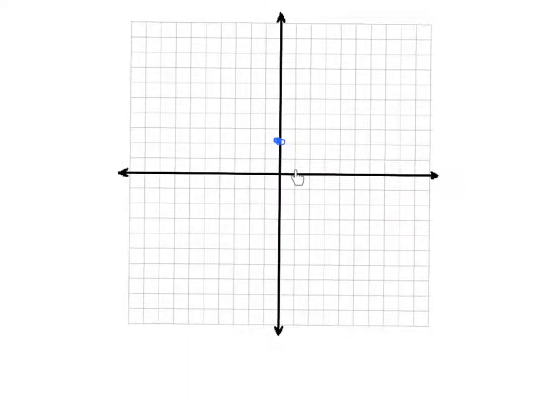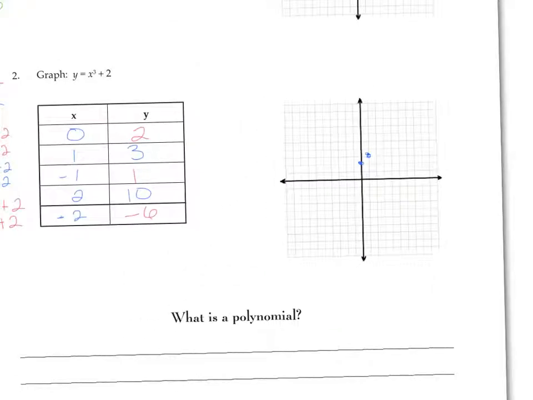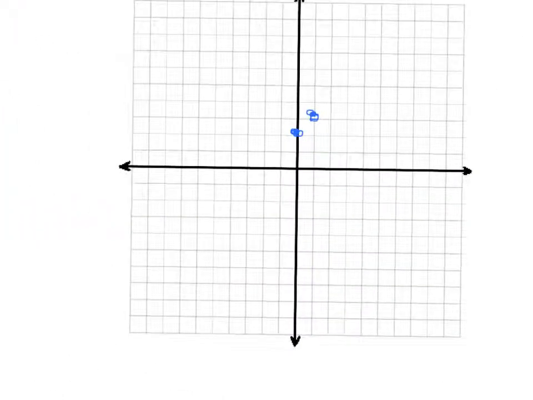So 1, 3 is here. Oh, I didn't get it right on there. Okay. The third ordered pair is negative 1, 1. So negative 1, 1. It looks like a straight line. Is it?